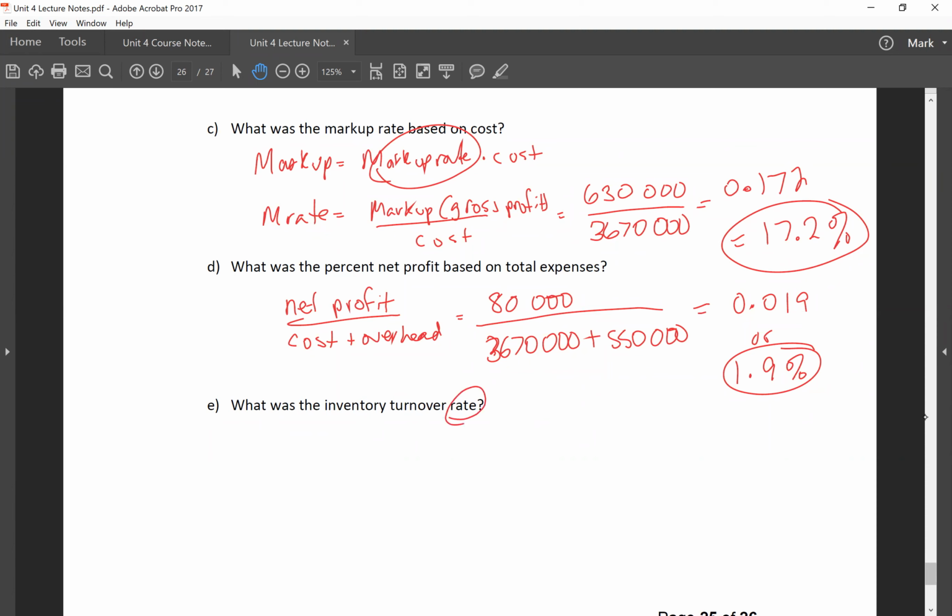Now, this is the only one that we don't put in a percent. So just make a little mental note there. You could just call it inventory turnover. So the inventory turnover is my total purchases over my average inventory.